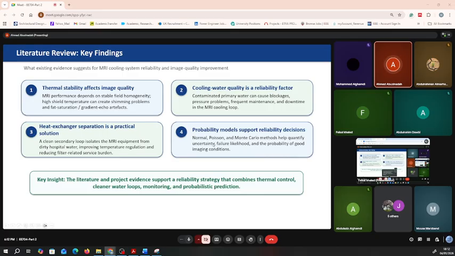Normal, Poisson, and Monte Carlo methods help quantify uncertainty, failure likelihood, and probability of good image condition. The key insight: the literature and project evidence support a reliability strategy that combines thermal control, a cleaner water loop, monitoring, and probabilistic prediction.